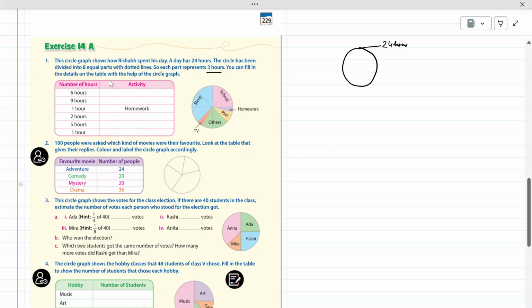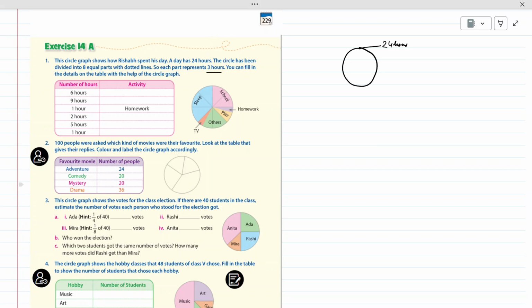You can fill in the details on the table with the help of the circle graph. Now with the help of the circle graph, we have to put in this information here. Okay, so first what we have here is 6 hours. This is 24, right? So let's see here. Here only I'm doing it, kids.